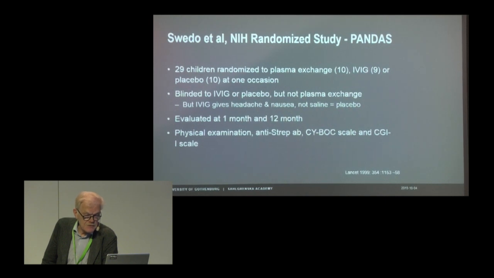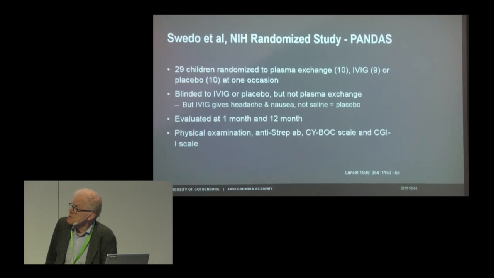It was 29 children, and then they randomized both to plasma exchange or immunoglobulins or placebo at one single occasion. So they were blinded to immunoglobulin or placebo, but not to plasma exchange. And can you blind to immunoglobulin or placebo?